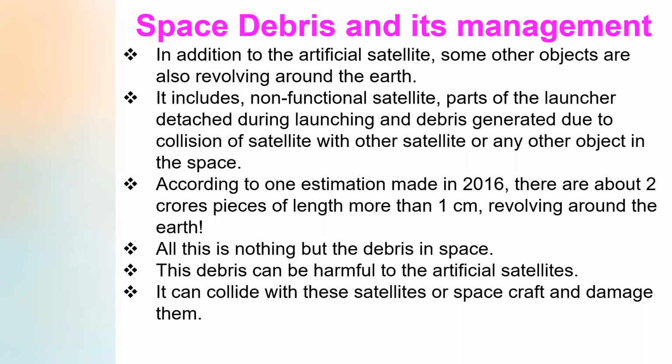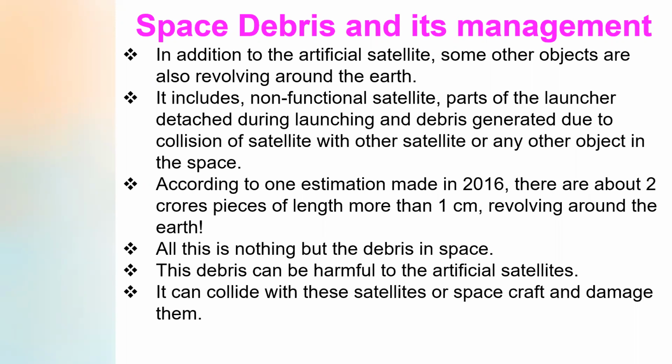It includes non-functional satellites, parts of the launcher detached during launching, and debris generated due to the collision of a satellite with another satellite or any other object in space. Non-functional satellites are satellites which are not functioning. The parts of the launch vehicle which are released during launching in different stages just keep revolving in space; that is debris.